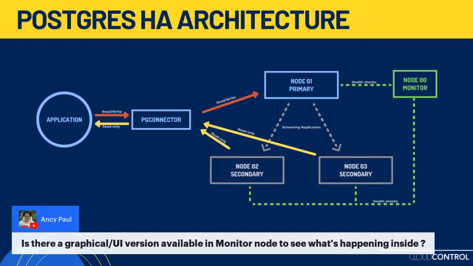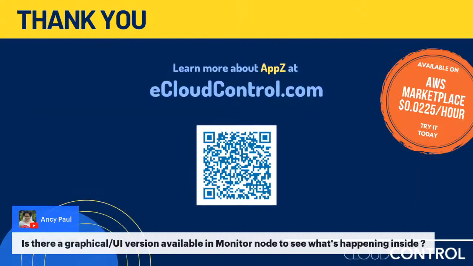That's a very good question, and as I stated earlier, the pg_auto_failover community itself, which is Citus Data and now owned by Microsoft, doesn't provide one, and their entire solution is based on Postgres technology itself. There is a monitor node, and I don't think they have a UI version of it, with the assumption that any Postgres browser can serve as a UI for the monitor node.